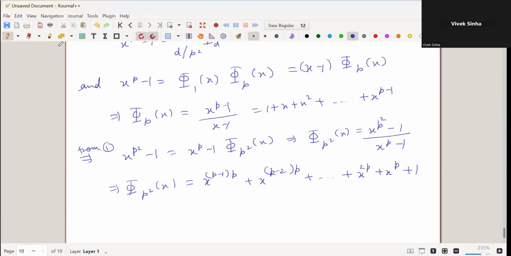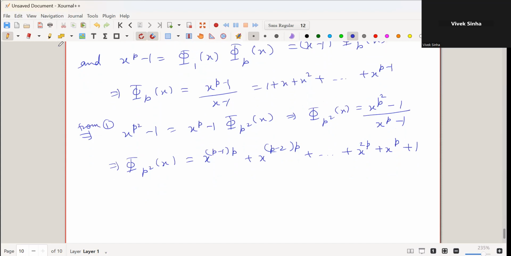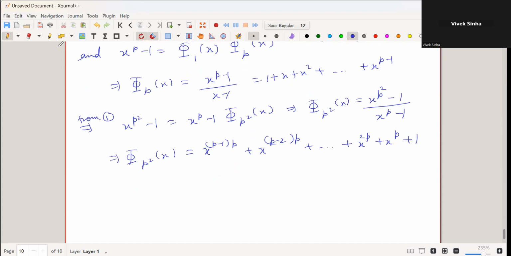Or simply you multiply this polynomial by this, you will get the outcome. So after dividing this polynomial by this, you will get this.